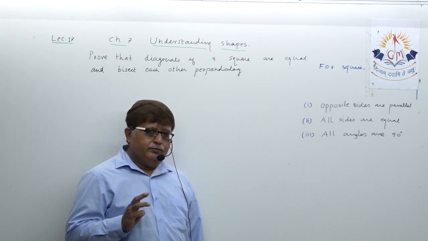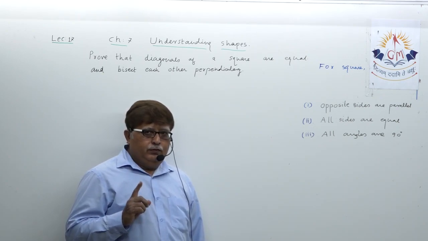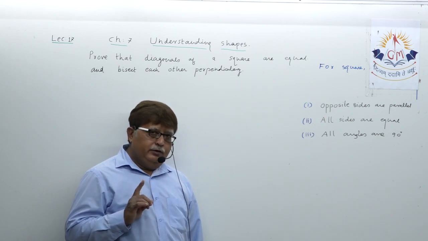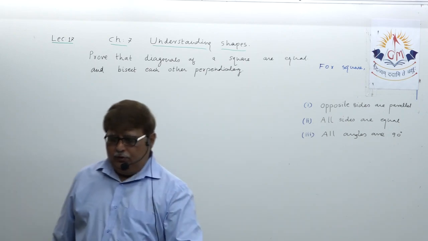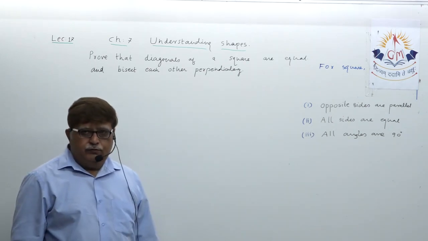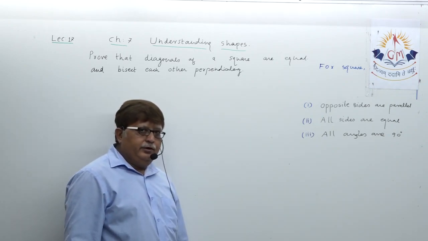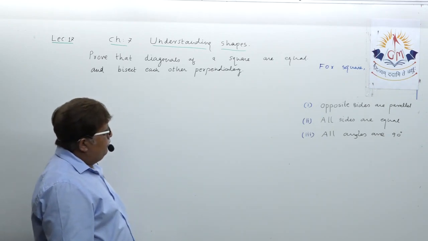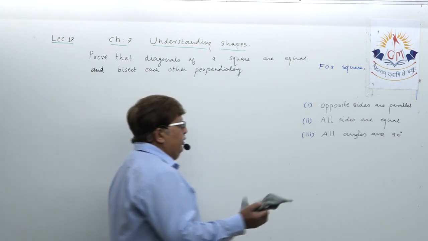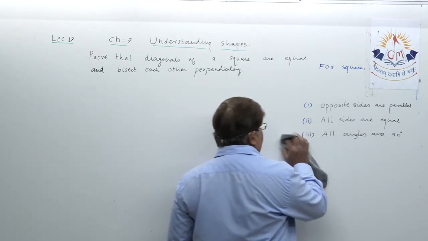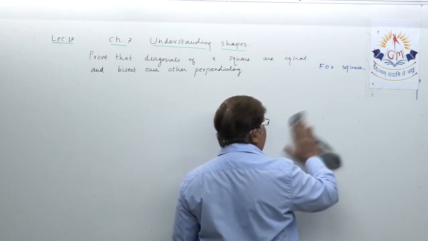Three facts we are going to prove for square in this particular theorem. This is the last theorem in this chapter. Understood? The only chapter of geometry you have understood. All these properties you must have noted down. Okay, so we are just erasing them for comforting the complete writing of the theorem.